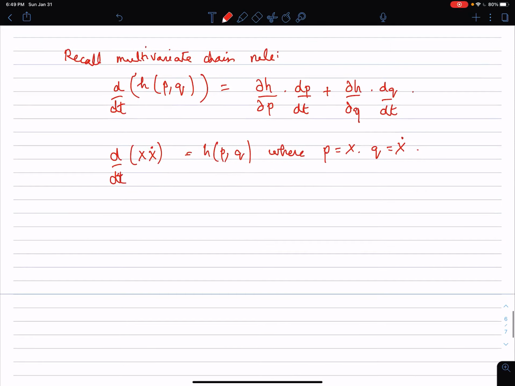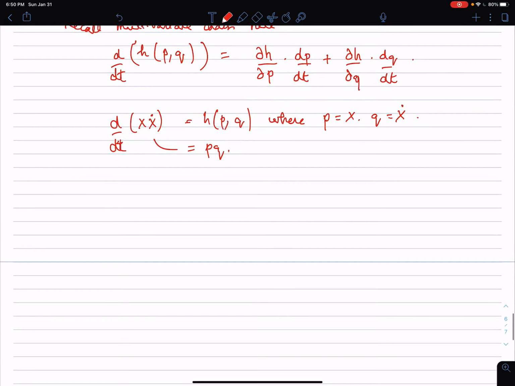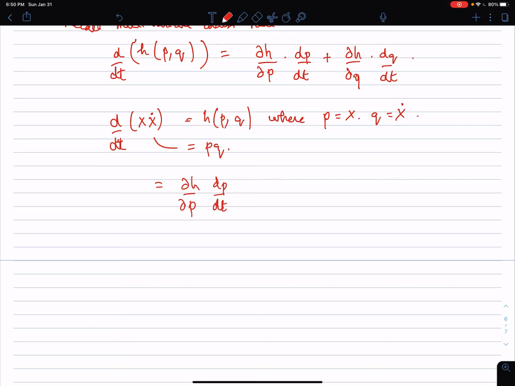So you can think of this basically as pq. Basically this is dh by dp, dp by dt. Let me just leave it as p and q, and then finally replace it.